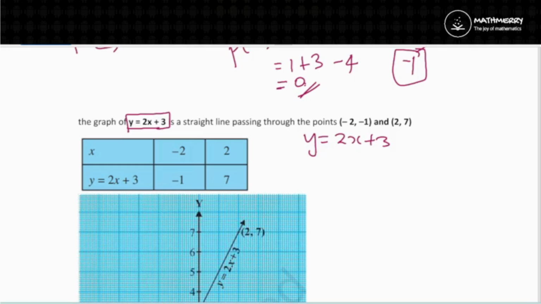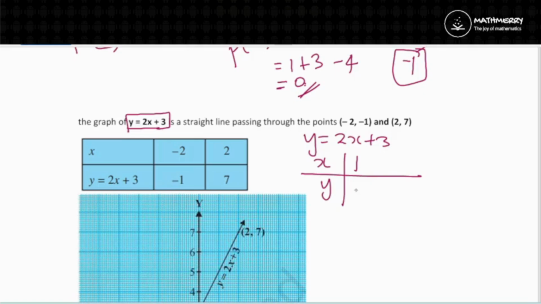So how are we going to jot down the values for marking the graph? When we have y equal to 2x plus 3, we are going to draw this box of x and y. Now, if we put x as 1, what are we getting as the value of y? 2 into 1 plus 3.